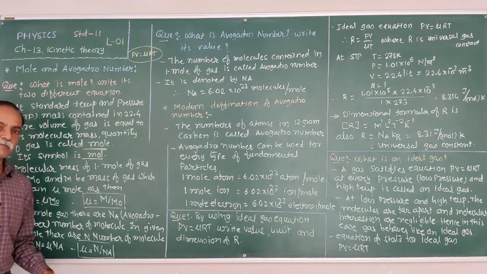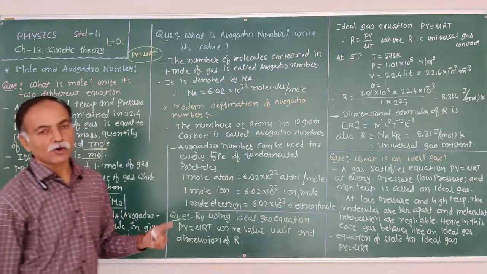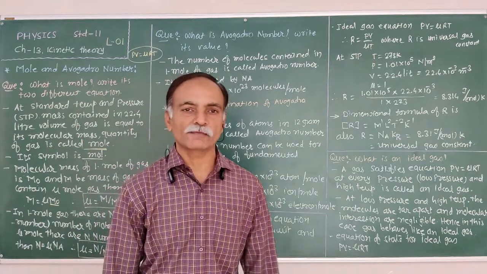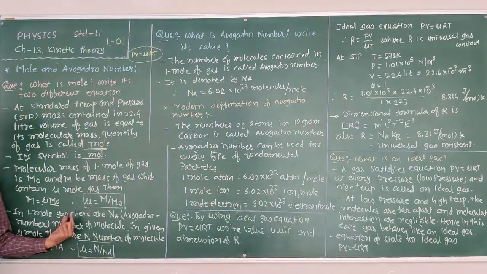Now we can also mention the quantity in mole from the number of molecules. Now we know that in 1 mole of gas there are Na molecules. Na is the Avogadro number. The number of molecules in 1 mole of gas is known as the Avogadro number.